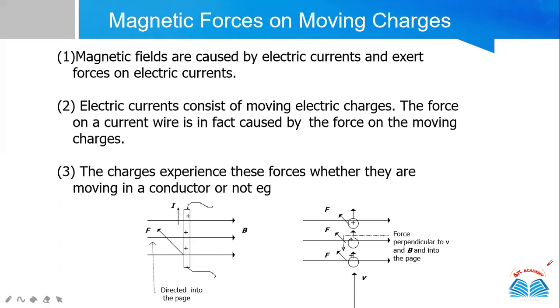So when electric currents force some charges to move, then a magnetic field is generated, and then some force is generated. Then due to that force and magnetic field, the path of the charges may change. We have seen this in previous slides.